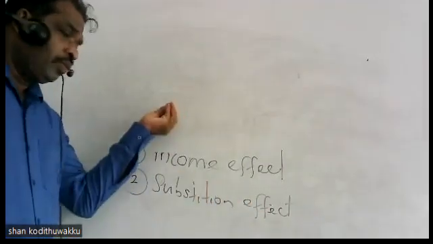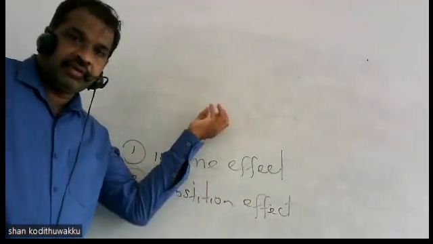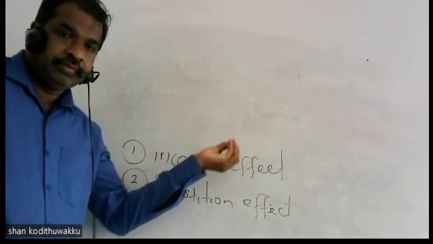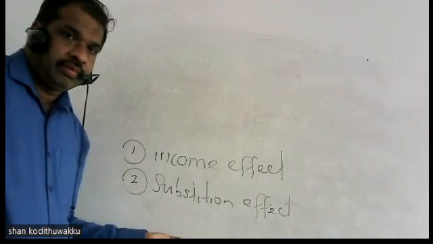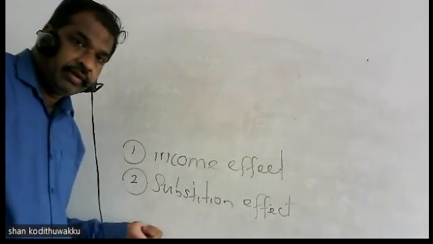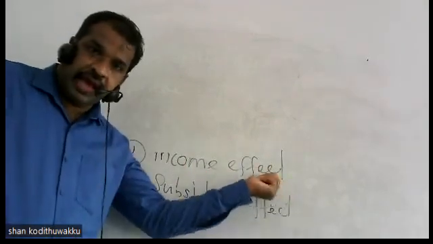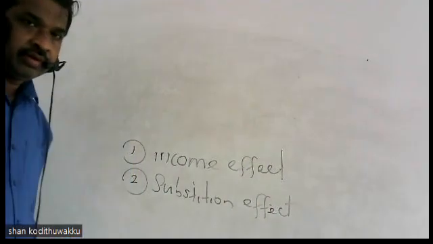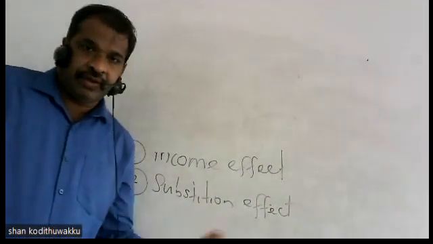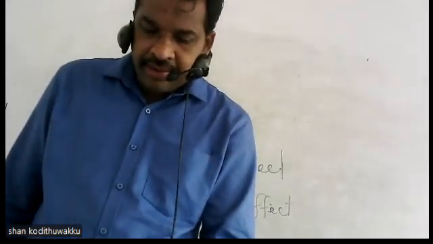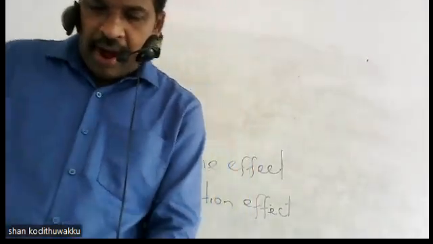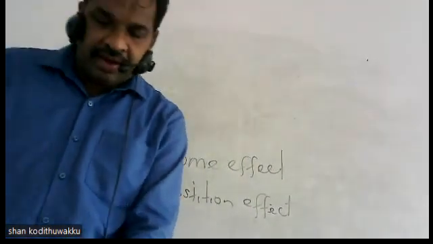Therefore, when the price of the commodity increases, people will reduce the demand for the concerned product and move to another product which has a lower price. That is called the substitution effect. That is the answer for part 2, 4 marks. You have to briefly explain that one.